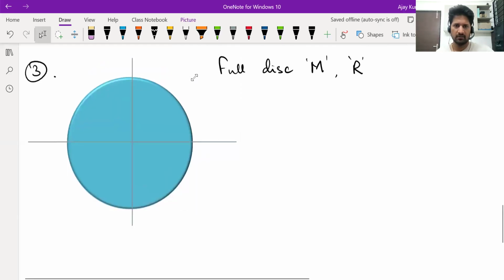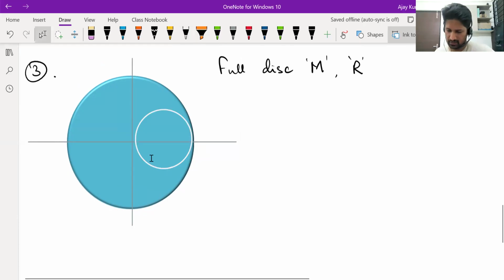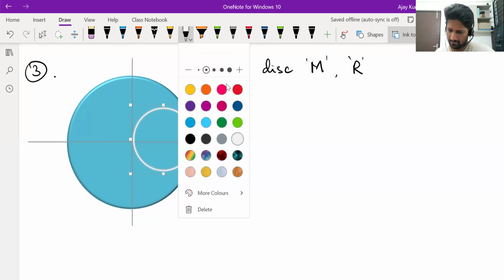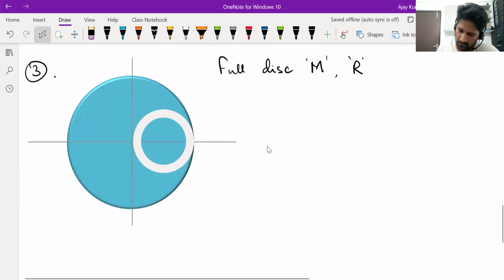Suppose from this full disk some part is scooped out or removed. The part that we are removing is in the shape of a disk again, and the boundaries of the two disks are touching each other. Just a moment, I'll adjust this.